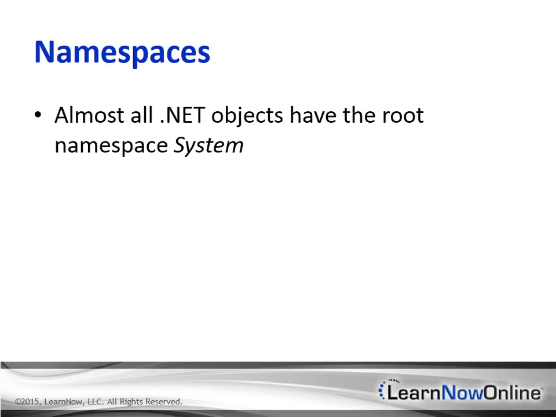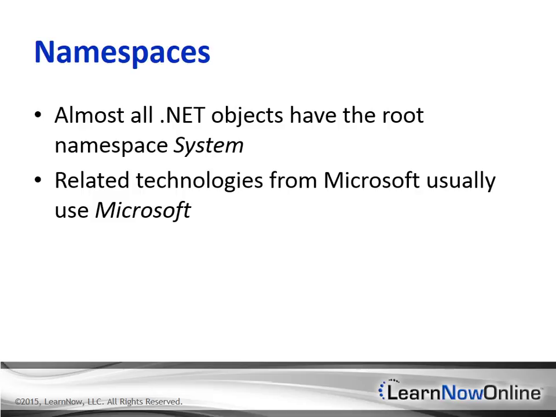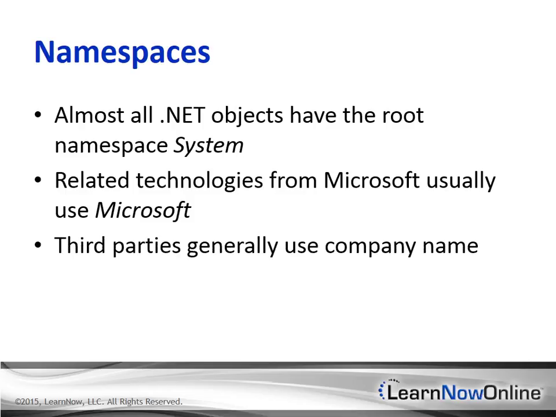Now, almost all of the objects in the .NET framework have a root namespace of System. And related technologies that aren't directly part of .NET, the .NET Core, that still come from Microsoft, often use the root Microsoft namespace. A best practice for third-party libraries is to use a root namespace of the company name.